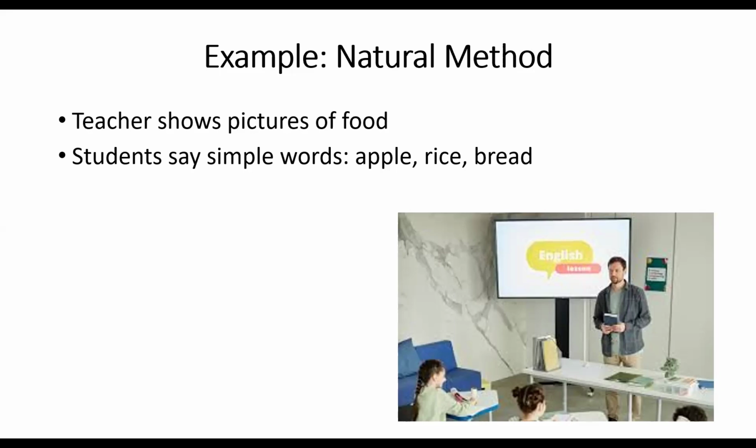They can speak naturally based on the pictures of food provided by the teacher in the classroom. It means that in natural method, the students have no pressure to speak perfectly. Just speak what they have to speak based on what they have seen, based on what they have listened.